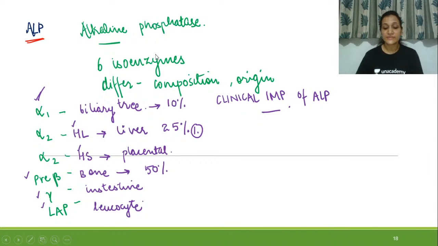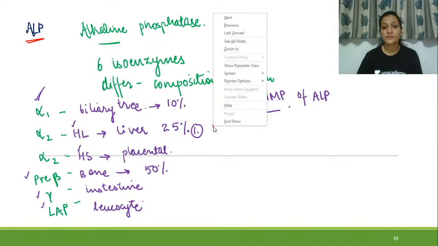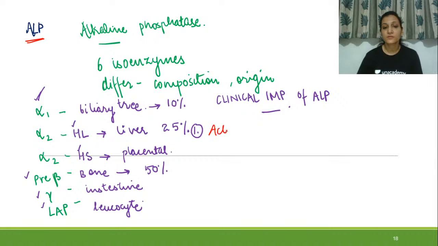Alkaline phosphatase, its activity is high in kids, and growing individuals, and its activity is higher in hepatitis as well.